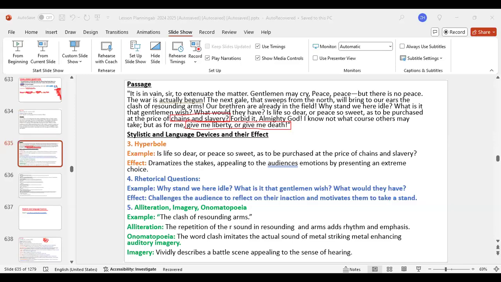All right, Ajani. Very good, Ajani. I need you to take a picture of your work and send it to me via WhatsApp, Ajani. All right, thank you, Ajani.